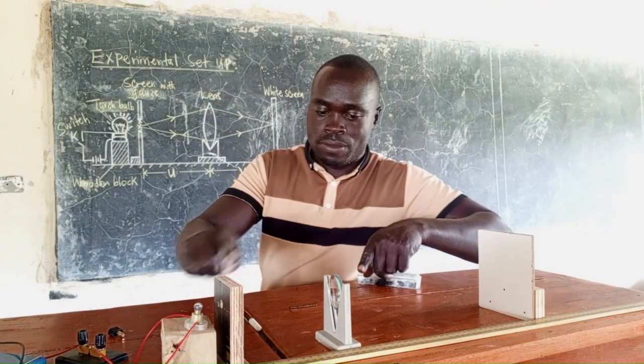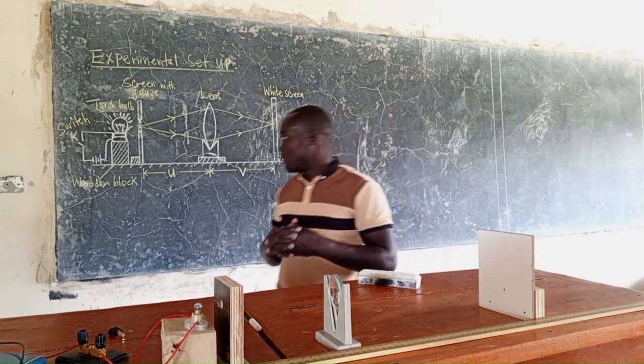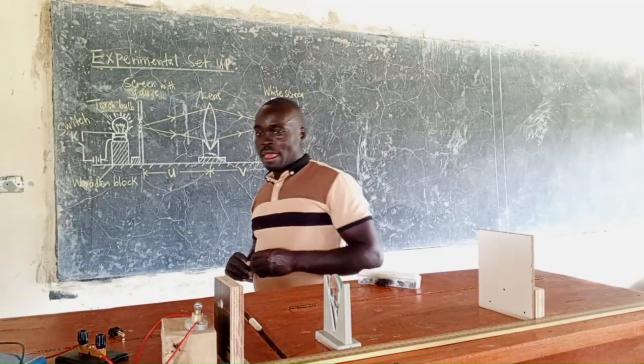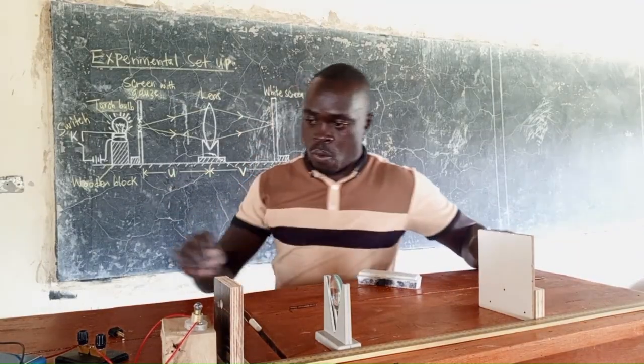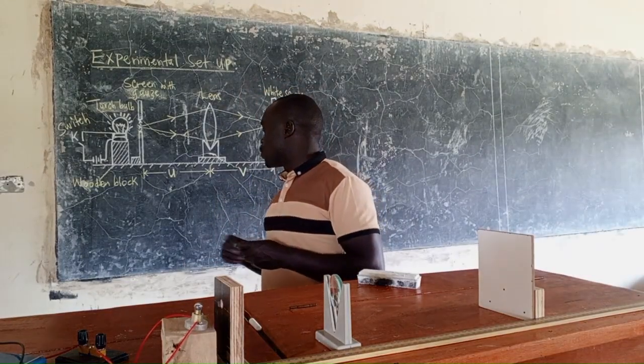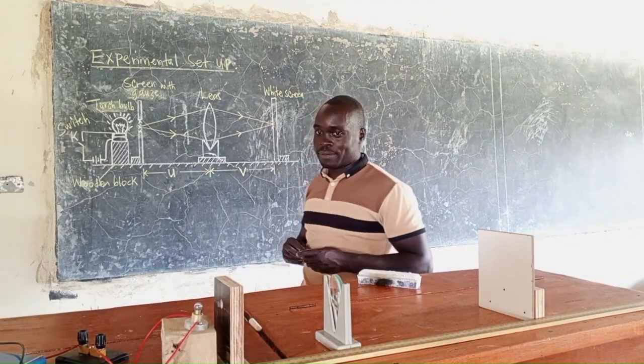This becomes our distance U. Then we light the bulb, so that the light from the bulb moves to the screen.